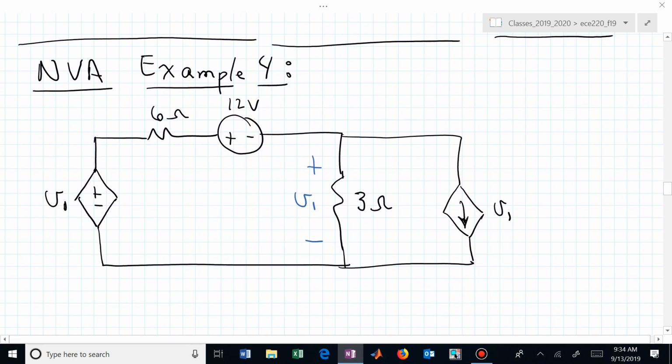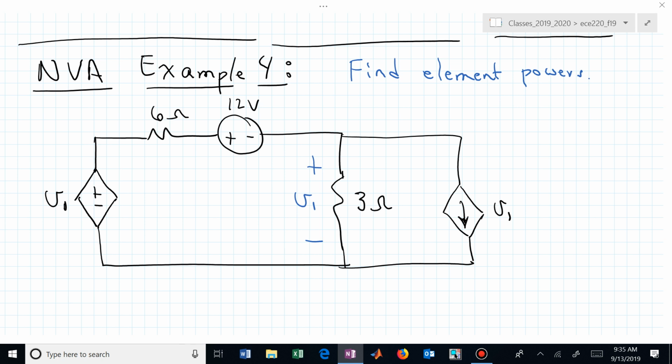Example 4. In this particular circuit, now we have some dependent sources, all depending on the voltage dropped across that 3 ohm resistor. What if we now wanted to find all of the powers associated with those individual elements?